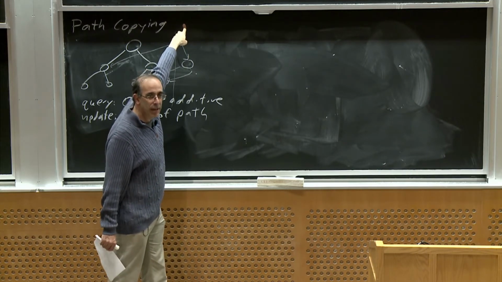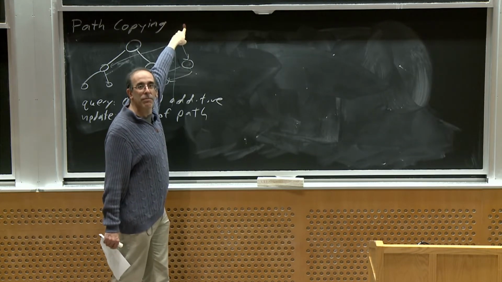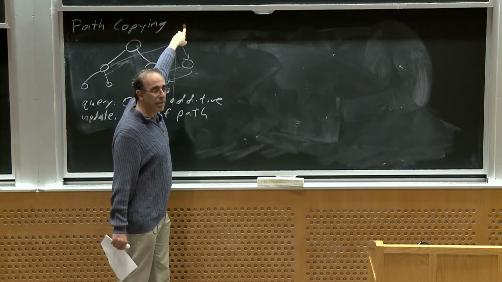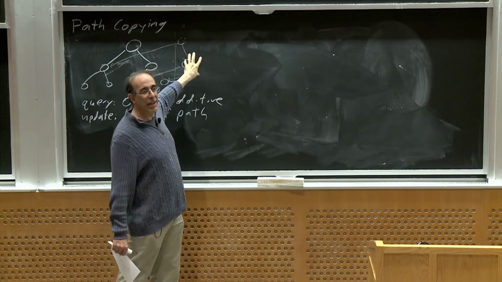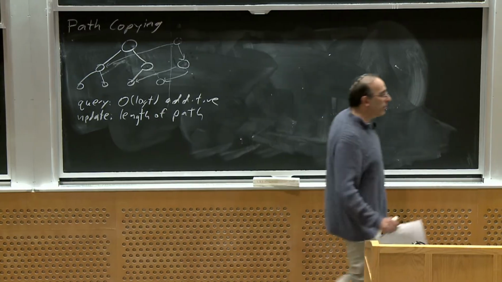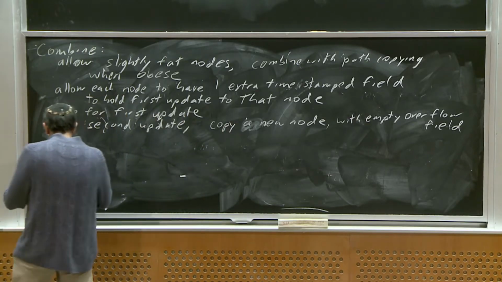So does this remind us of anything we saw last time? Yes? Cascading? The cascading cuts that happened in Fibonacci heaps, right? That we're trying to maintain something locally, but this may cause disruptions that cascade all the way up the data structure. So we're going to do the same thing here.